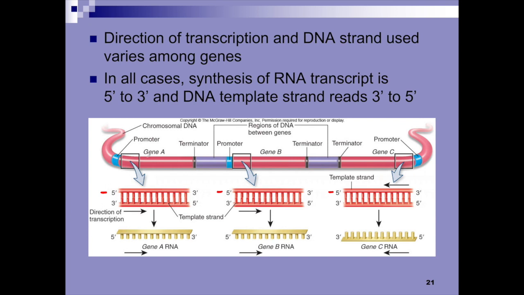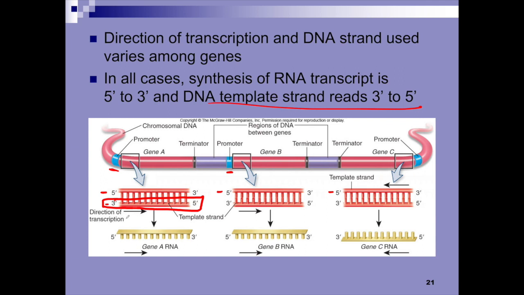And here in blue is the promoter sequence for gene A and gene B. So for gene A, the promoter sequence is on the left. And that is because in this case, the gene is located on the bottom strand. And the bottom strand is the 3' to 5'. And of course, the template strand is always read 3' to 5'.